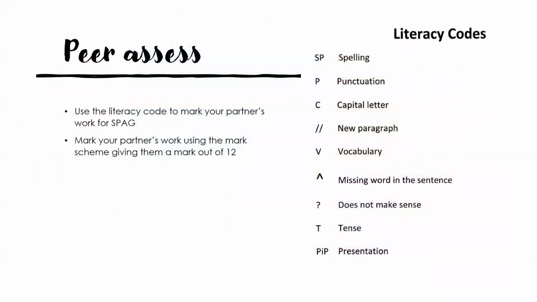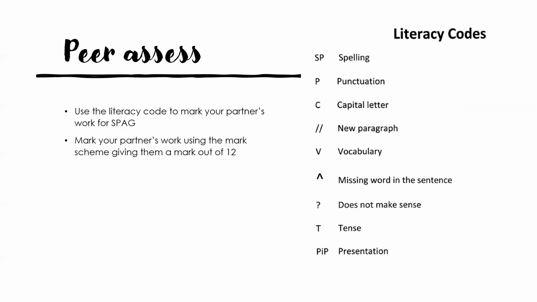Okay, so to finish, you should have finished the question. Hopefully you've given a very good response. And if you need to go back to any earlier points in the video, make sure you do that. We've got the mark scheme on the next slide. So if you do have a partner, most likely you don't, you're on your own, you could ask a family member or a parent to check your work and try and mark it as per the mark scheme, okay?